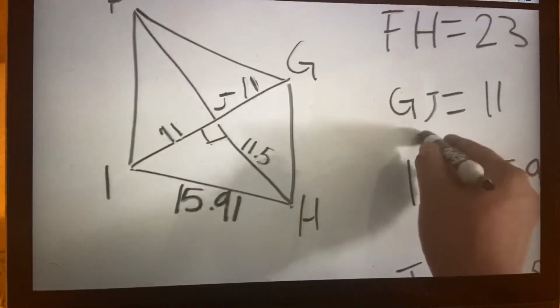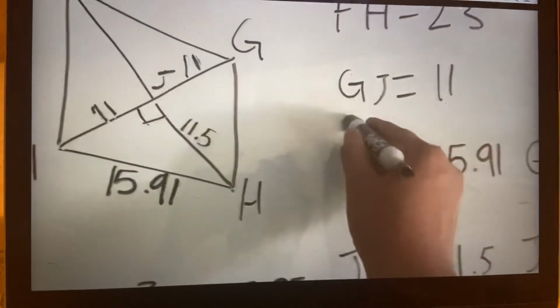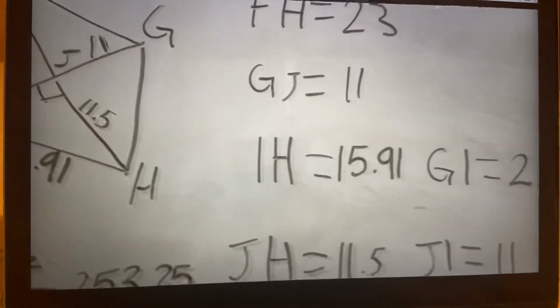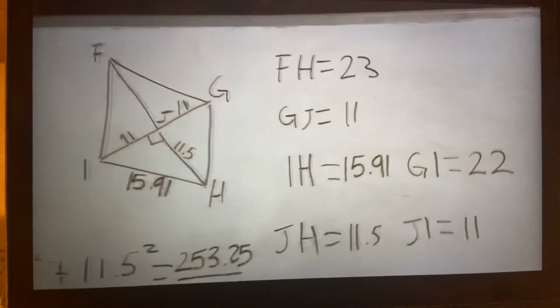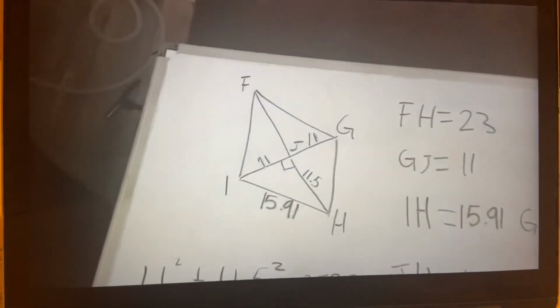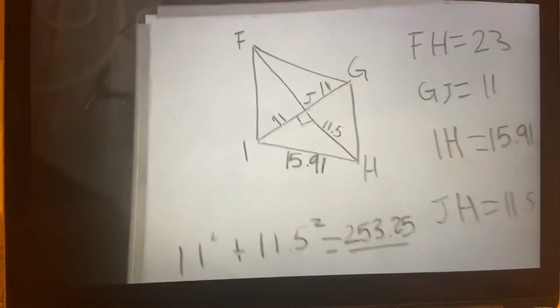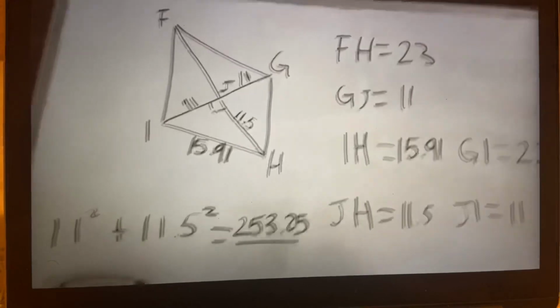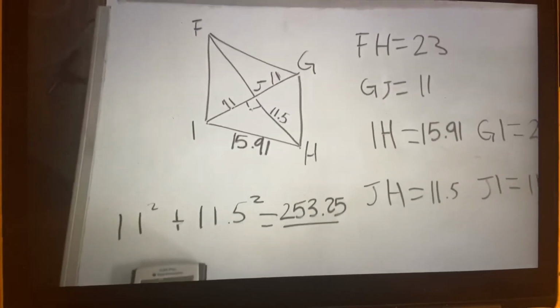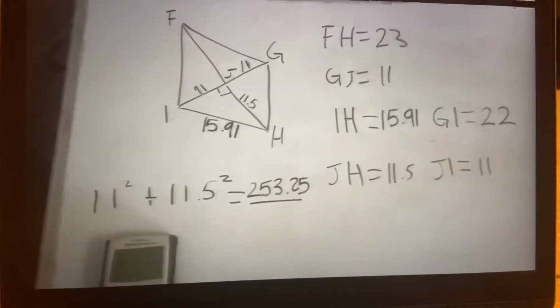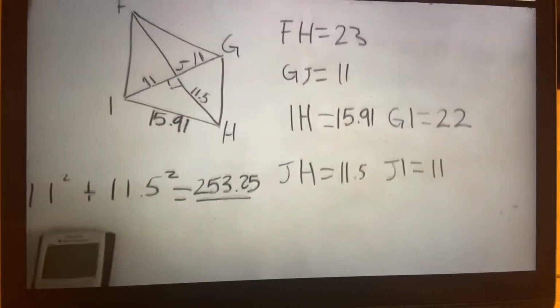So if this is JH, that means our IJ is also equivalent to GJ, and that's 11, which is right here. We double it to get GI. The hardest part would be coming up with this right triangle, but again, remember this right angle is always going to be there since the diagonals are perpendicular, specific to a rhombus, okay?